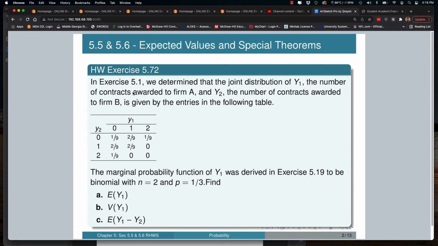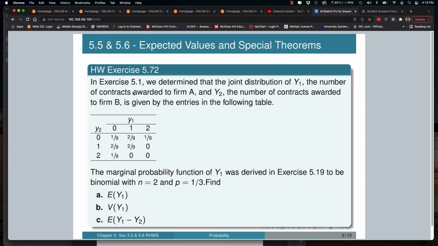This binomial fact here is kind of nice to know. We could technically use that to find the expected value of Y sub 1 if we wanted to, because we could treat it like a binomial distribution. But I'm going to show you how you can do it from the table, because the formula in the book is kind of more important, and I kind of wish they hadn't said anything about this being binomial.